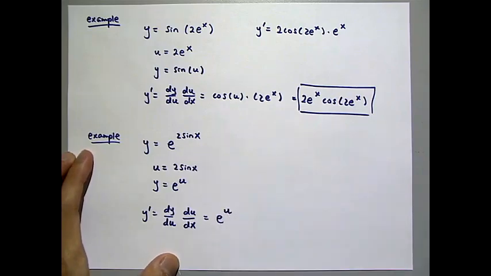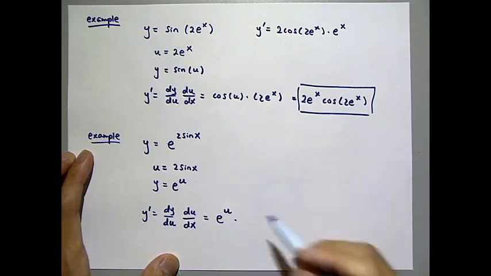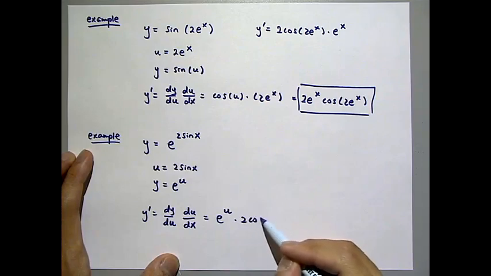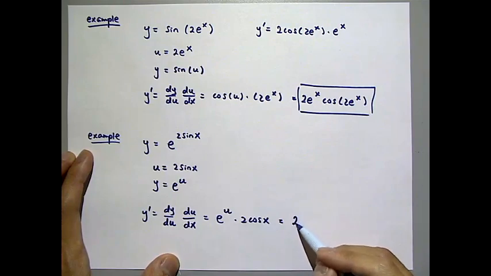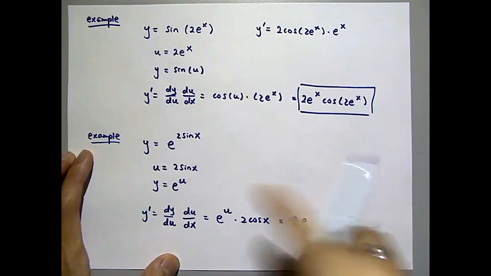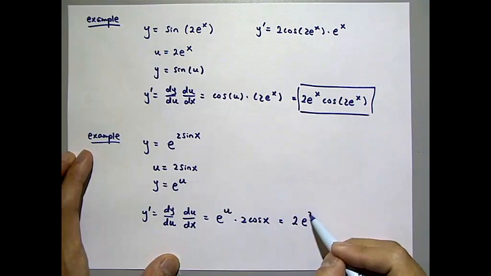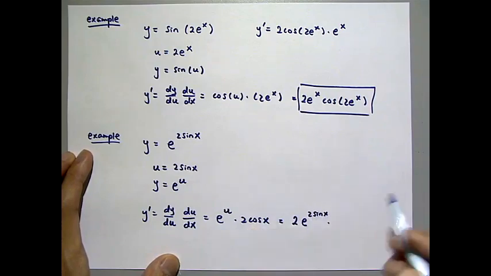What about du/dx? Positive or negative? Positive, good. 2 cosine of x, right? So finally, we get 2 e to the u times cosine of x.